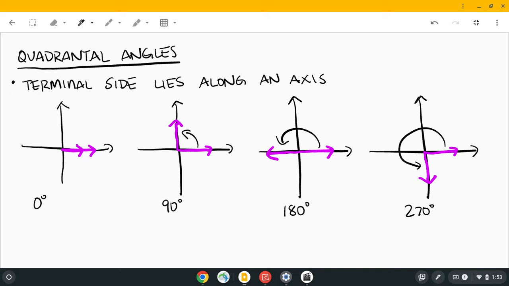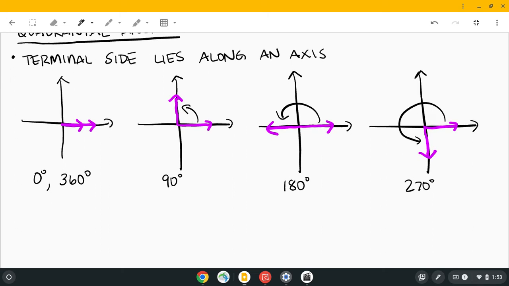And then if we go full circle, then we're actually back here again, right? 360 degrees looks the same as 0 degrees, which I'm going to go into right now. Okay, so these are our quadrantal angles.